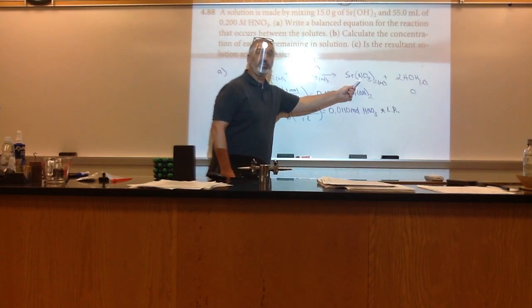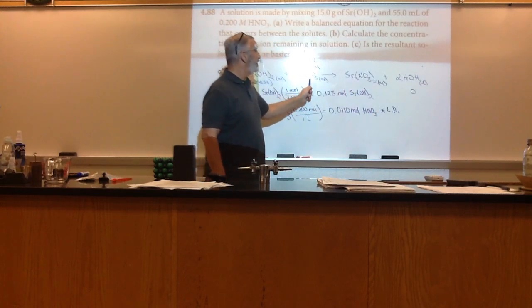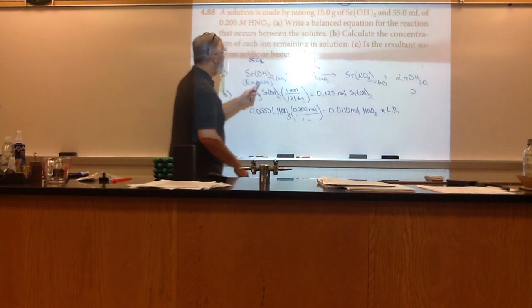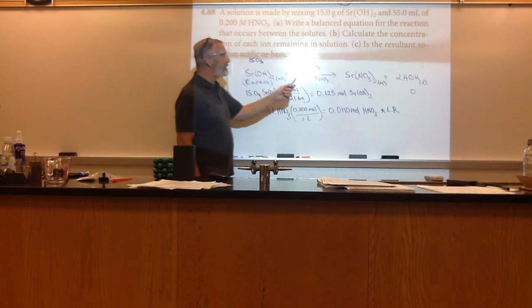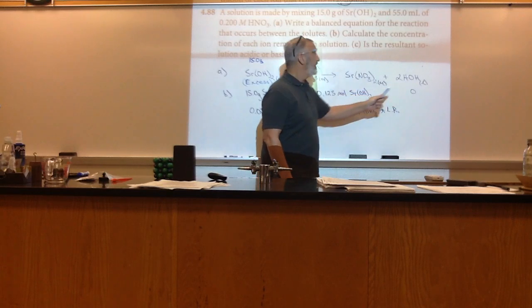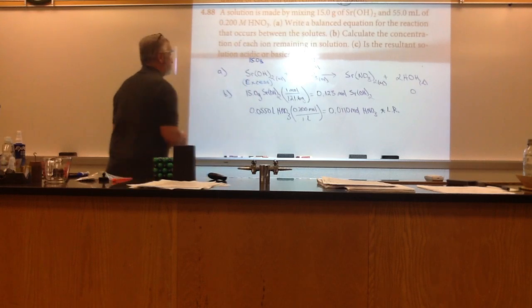But this is the limiting reactant, so it all gets used. The only thing that's going to change is my hydroxide, because I have some excess here. Some of it formed water as a liquid, and some got unused.